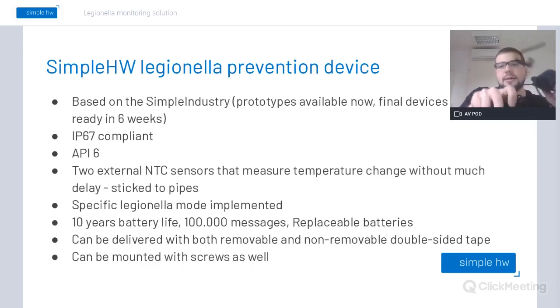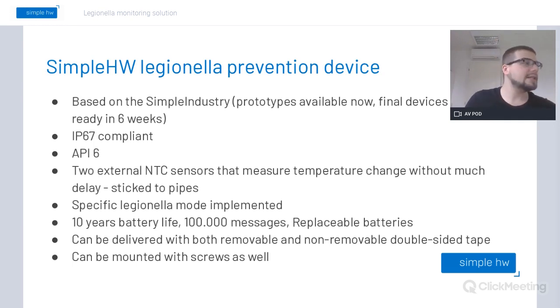And as you can see, there are two NTC probes that go out of the device. Let me show you now the connector. This is the connector. You wrap it around the pipe like this. And this plastic bit right here is the actual sensor that measures the temperature.